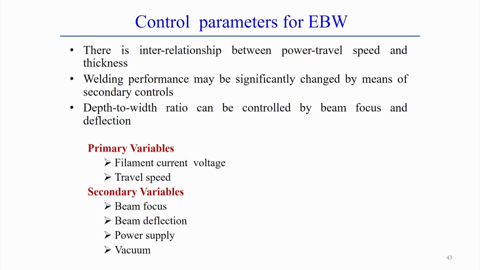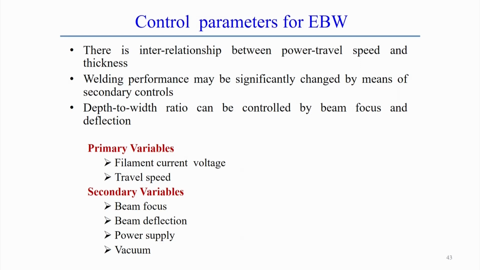Like other welding processes or gas arc welding processes, several control parameters also exist in the electron beam welding process. We can divide them into two components: the primary variables and the secondary variables.